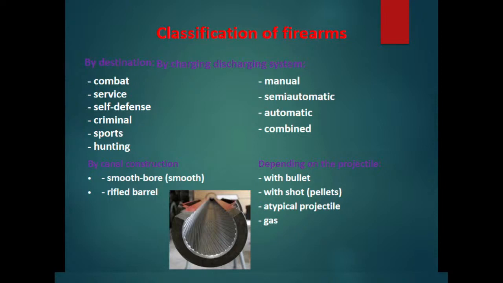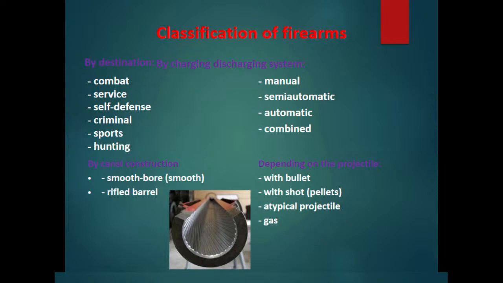This enables stabilization of the bullet, and it permits us to shoot precisely, to target specific targets well. A smoothbore weapon is a weapon which has a barrel in the shape of a cylinder or cone. This cylindrical barrel weapon is also used for specific purposes, mostly for hunting or for shooting at relatively short distances.